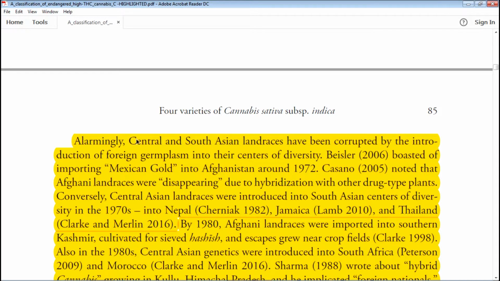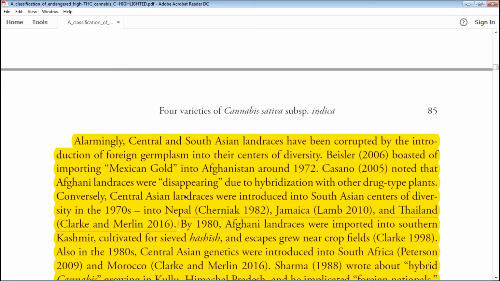Alarmingly, Central and South Asian land races have been corrupted by the introduction of foreign germplasm into their centers of diversity. Beisler, 2006, boasted of importing Mexican gold into Afghanistan around 1972. Cassano, 2005, noted that Afghani land races were, quote-unquote, disappearing due to hybridization with the other drug-type plants.